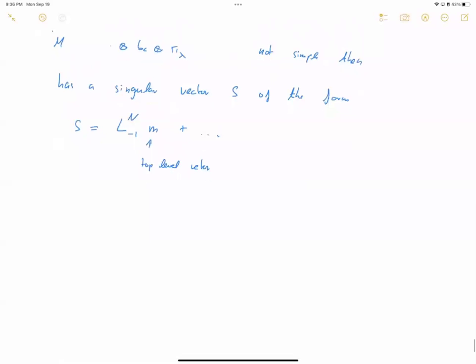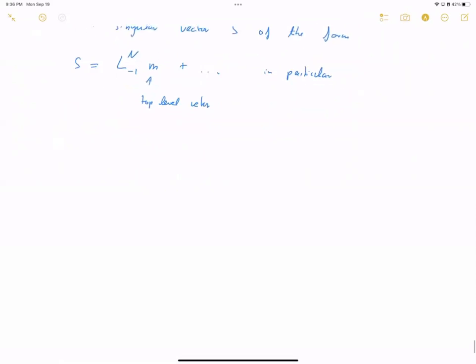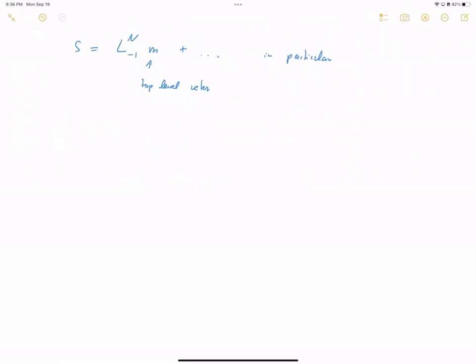And now one has to think about whether we can characterize the singular vector with respect to our filtration. If one thinks about the details, this vector is in the filtration F of degree 2n, but not of 2n minus 1.